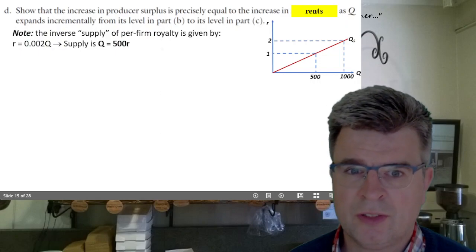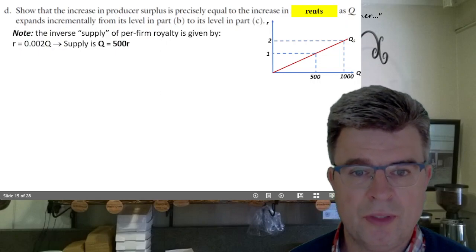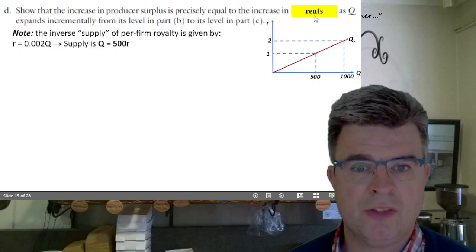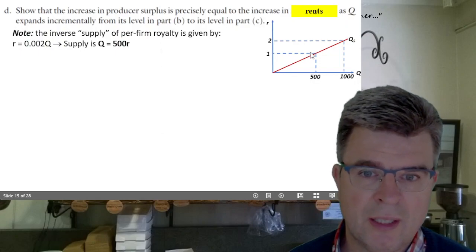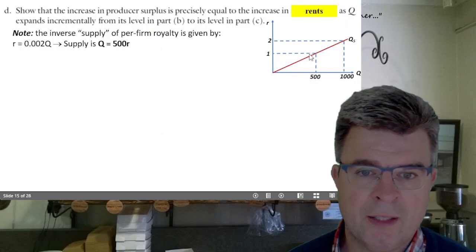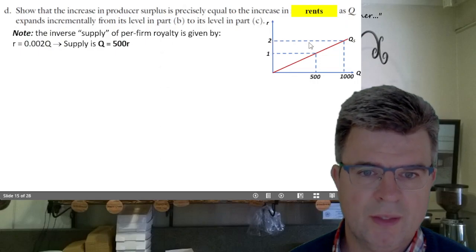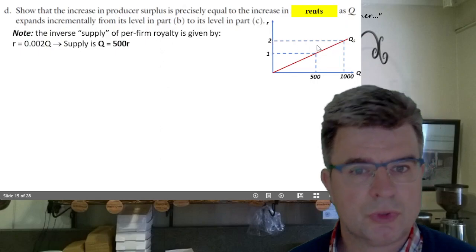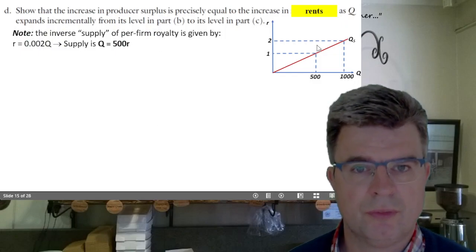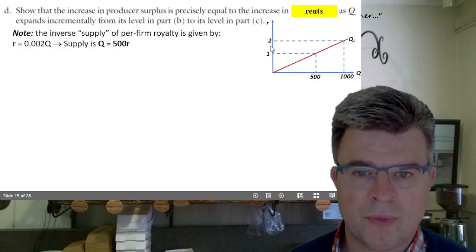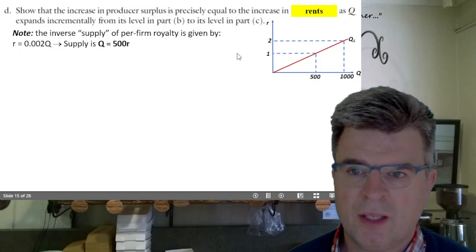But we're not interested in the change in royalties, but in the change in rent. And the change in rent is identical to this area over here. So if the royalty rate moves from 1 to 2, then the increase in rent surplus to the film studios is identical to this area over here.